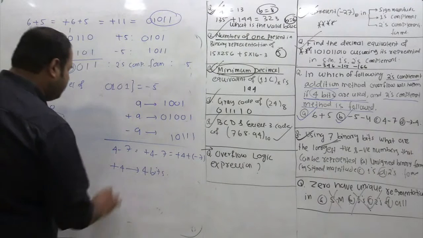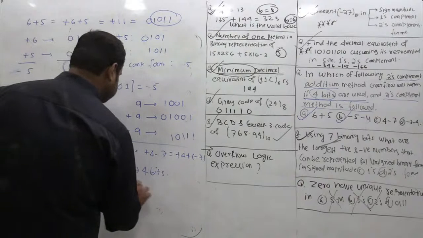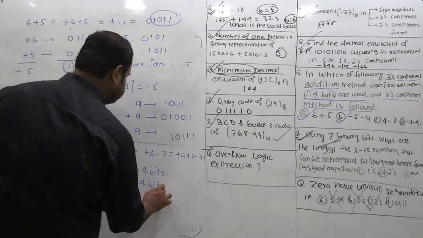Then I am doing -7. 7 is 111, +7 is 0111, and -7, taking the 2's complement because we are going with the 2's complement method, is 1001. The first 1 we have copied, and the rest of the bits I flipped. So here we are using 4 bits.